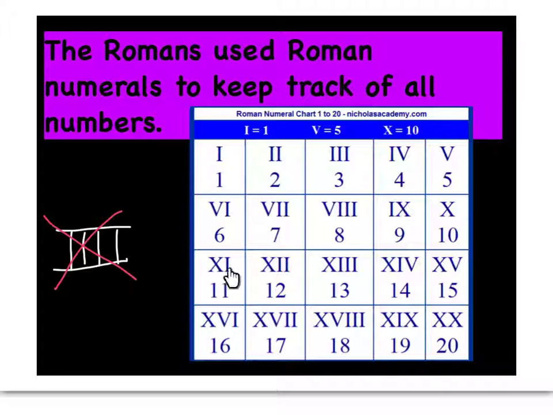But if the I is after the X, which is 10, I'm going to get 11. So I notice again that if it's after, it's bigger than the value. But if it's before, then it's going to be smaller. That might be a rule. Let's go to the next page and investigate some more.